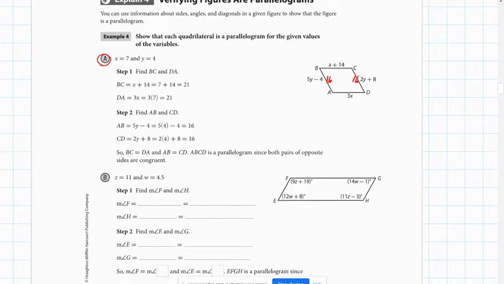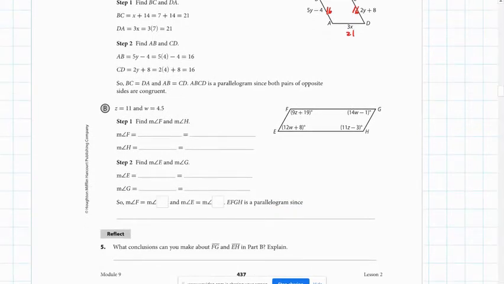And if you plug in x equals 7, that's 21 and 21. Now we can say, since opposite sides of this quadrilateral are congruent, the quadrilateral must be a parallelogram.